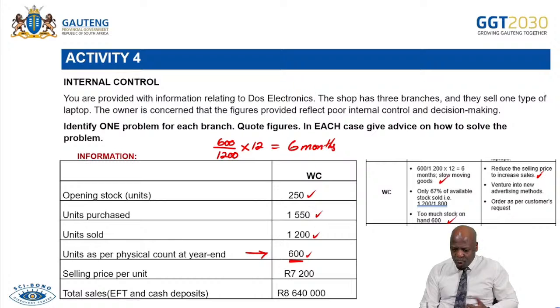Reduce the selling price to increase sales, or find other methods of advertising, or order as per customer's request. We must not order too much and then end up having too much stock on hand. Remember, keeping too much stock on hand ties up our cash. So we should only order as per the customer's request.